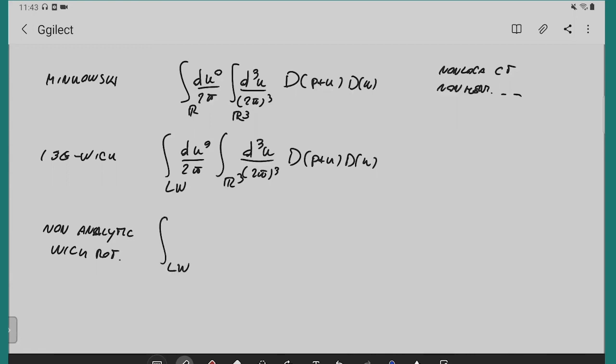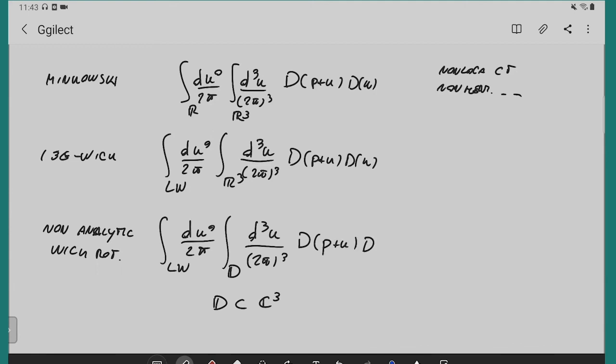You use the Lee-Wick contour, so that was a good idea to start. But you have to also use a deformed domain for this integral. And this has to be a special one. So D is a domain that belongs to C3. This has to be a very special one because it has to fix also the Lorentz invariance violation.